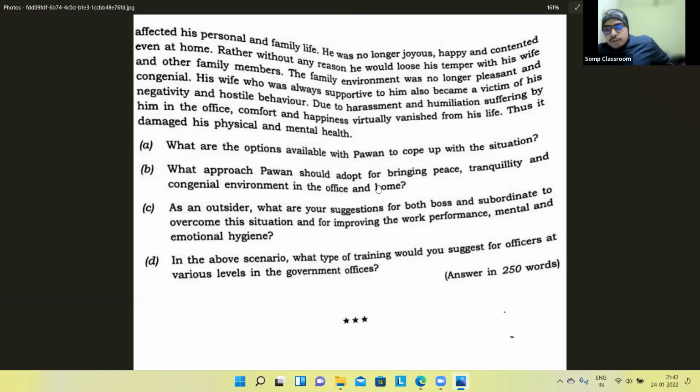Now, going back to our question: as an outsider, what are your suggestions for both boss and subordinate? Suggestions to the boss. Since he is the boss, introduce 360 feedback. Second, more team meetings. Third, creating informal channels within organizations.